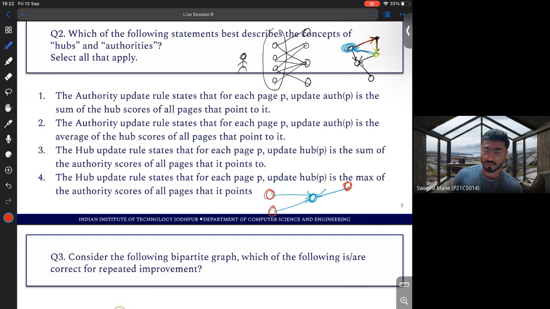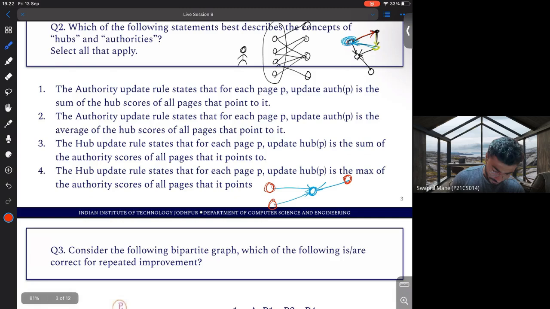They have some scores, let's take random scores here, and we have to take the sum of all the hubs pointing to this particular node. That is the authority score. So this statement is right for the hub and authority calculation. I will also take an example with a bipartite graph in the next example, so you will clearly understand this concept.